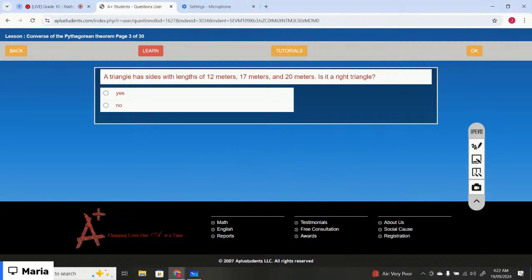A triangle has sides with length of 12 meters, 17 meters, and 20 meters. Is it a right triangle?